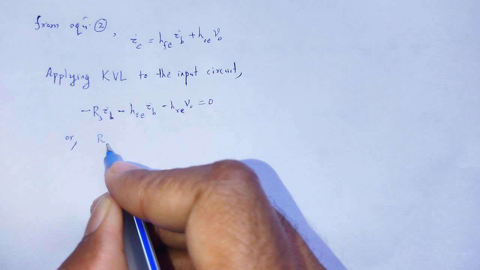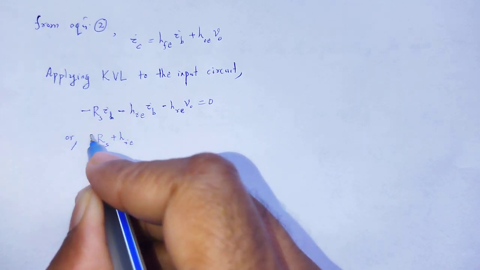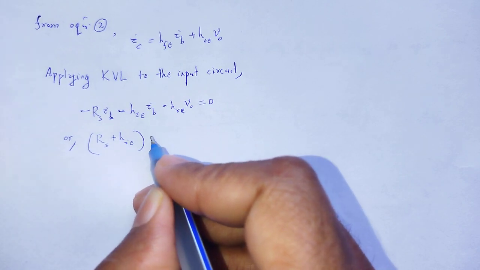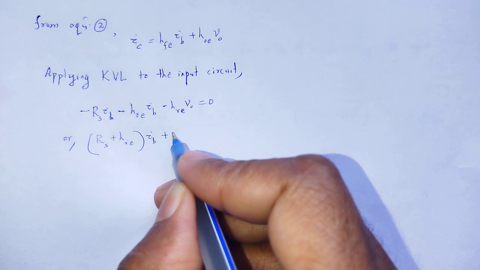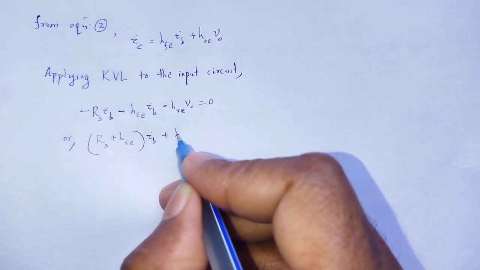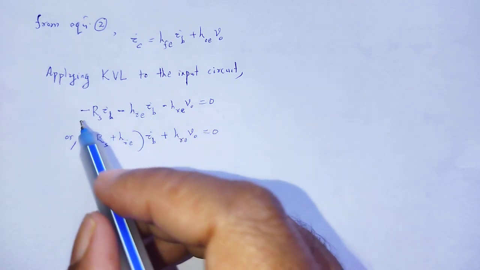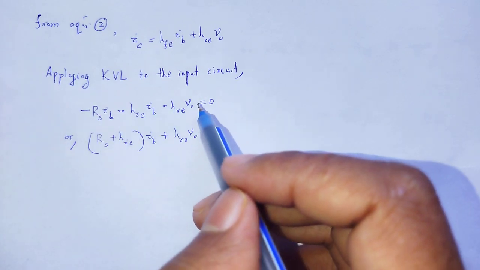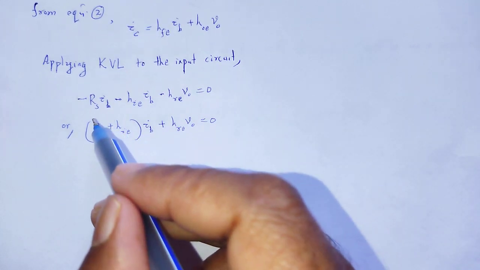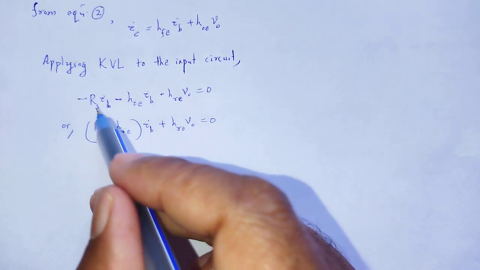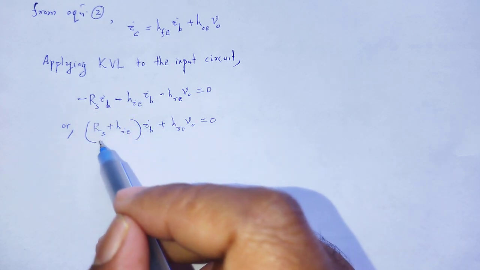So it will be RS plus HIE whole into IB plus HRE VO is equal to 0. First taking minus as common on the top side, minus will be 0, then IB taking common on the first two terms.